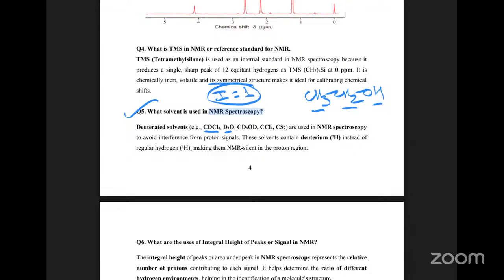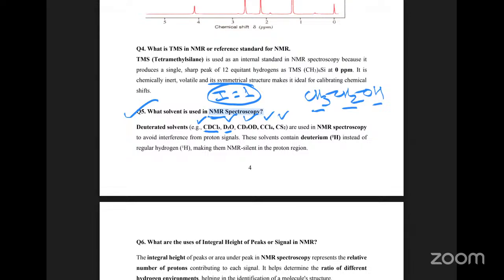So that's why the peak of the solvent will be dropped in the PMR, that is proton magnetic resonance, or as we call it, NMR. The deuterated solvents include CDCl3, that is deuterated chloroform, deuterated heavy water, deuterated methanol, CCl4, CS2, that is carbon disulfide, deuterated toluene, and deuterated DMSO.